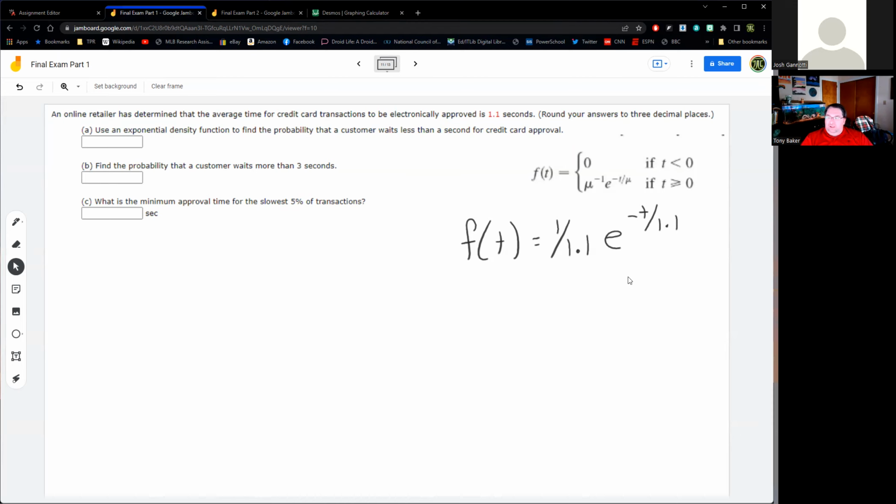All right. So the first one, it's the integral, they want the less than a second. So we're going to go from 0 to 1 of 1 over 1.1 e to the negative t over 1.1 dt.